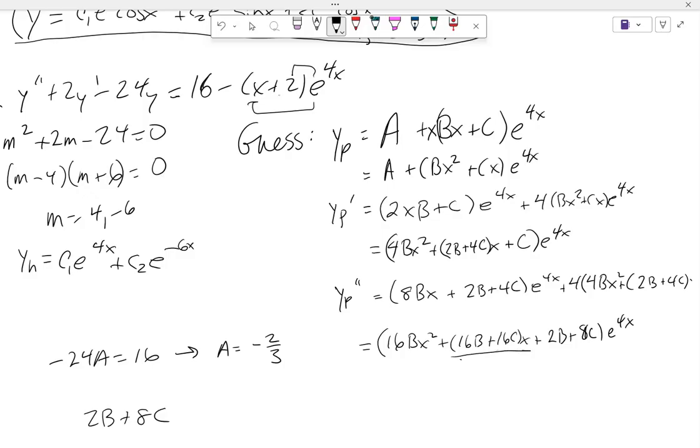Sorry, I started with the constants. Here are the x's. We've got 16b plus 16c, right? Here are the x's here. I've got to multiply that by 2. And then here's the x here. We'll have minus 24c, and that has to equal negative 1.